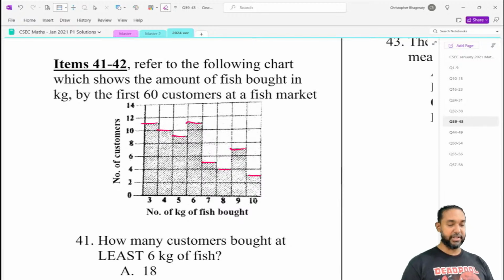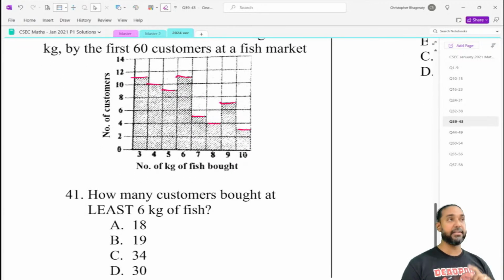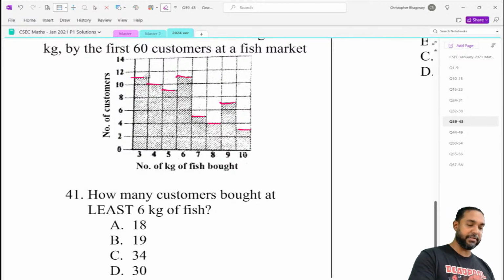How many customers bought at least 6 kilograms of fish? At least, so 6 or more. The 6 corresponds to 11, so you have 11 there. For the 7, that corresponds to, I think, 5. Then 4, just below that.